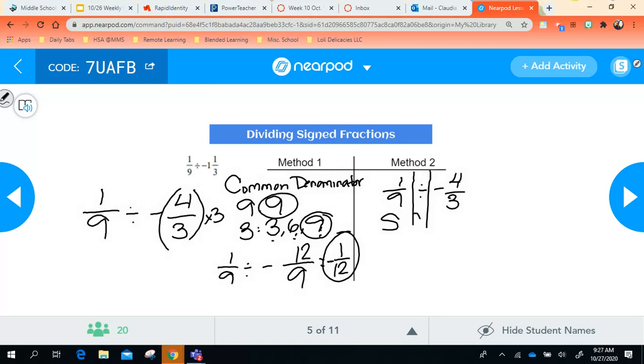Multiplication. So it's going to change to multiplication. And then you're kind of going to flip it. So when I flip my fraction, it would be negative 3 over 4.